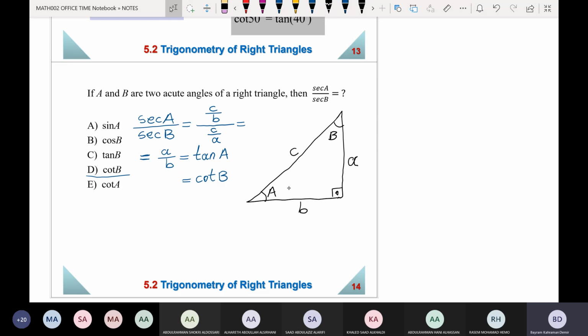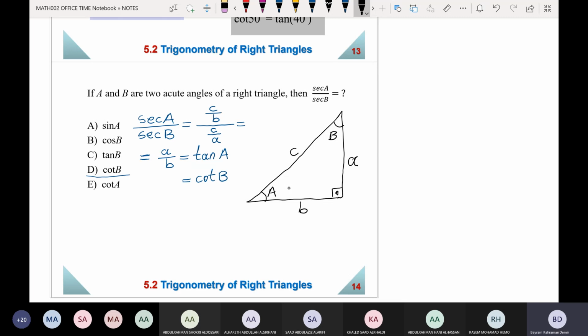So C over B. How about the secant of B? Secant of B is again hypotenuse divided by adjacent, which is A, so C over A. When you divide C over B by C over A and simplify, you will get A over B.